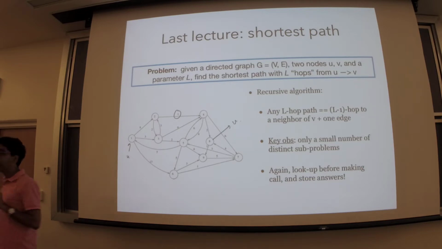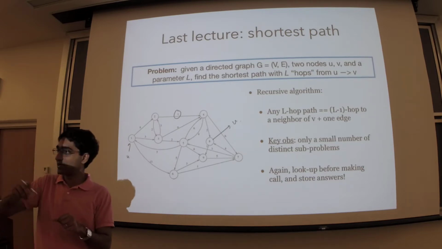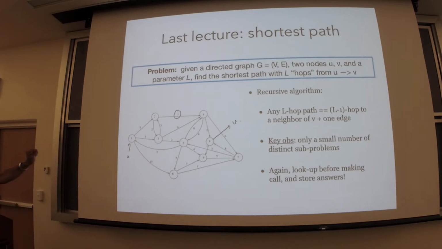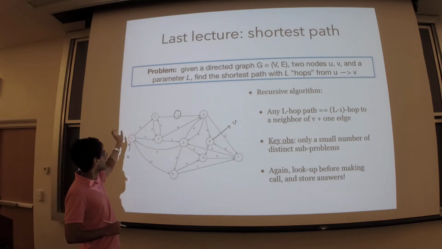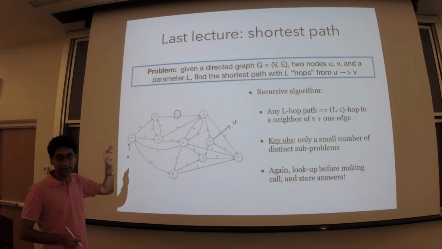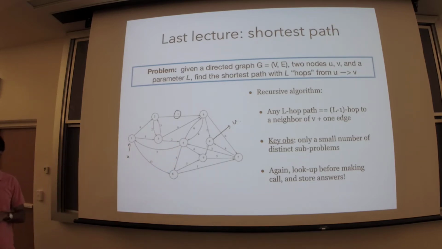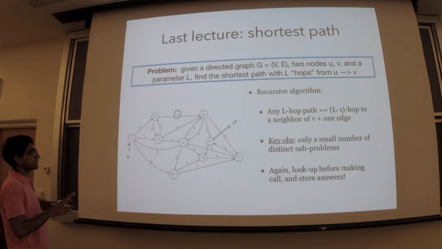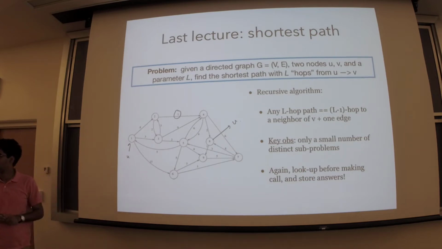And you are given the number of hops, or the number of edges, you need to use to get from start to the sink. And you need to find the path with that many hops of the smallest total length. So you want the smallest total length and using exactly L hops. So this was the shortest path problem.